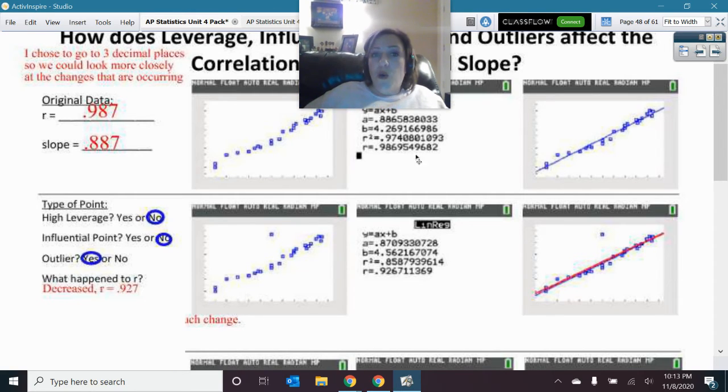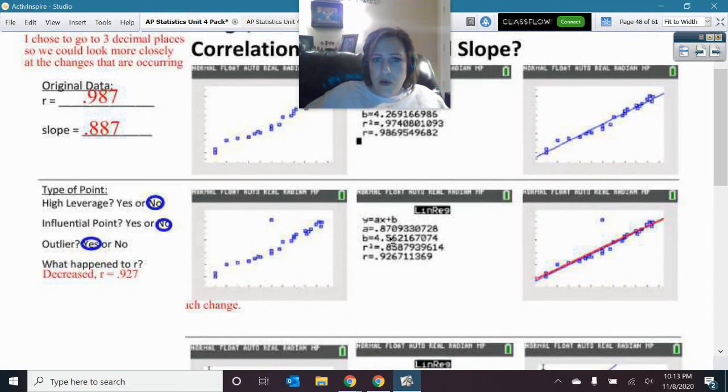Because removing it would increase the correlation back up to 0.987. Keep that straight. Is this with the data in or removing it? Which way are you going? Okay. Next, how about that slope? Did that slope change much? 0.87, 0.887, not much. Not much change. Decreased a little bit, but not much.